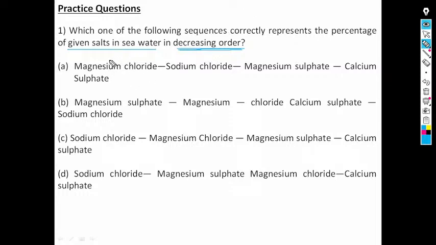It is magnesium chloride, sodium chloride, then magnesium sulfate and calcium sulfate. Then magnesium sulfate, in decreasing order of salinity. I am talking about the decreasing order of salinity.